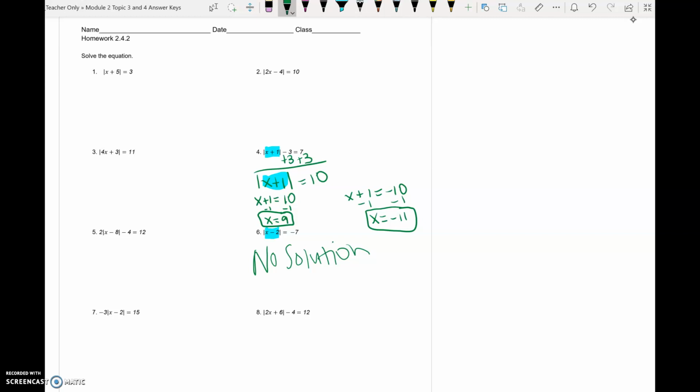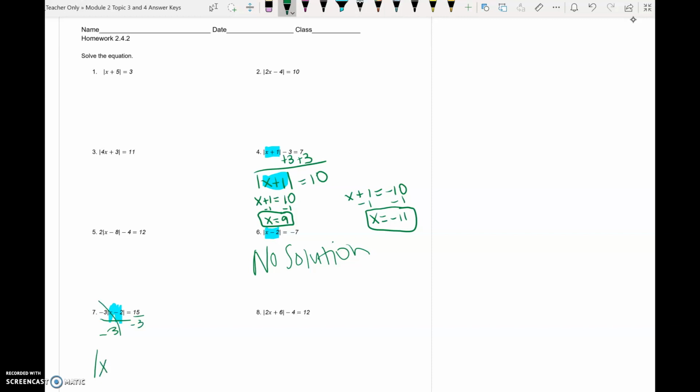Within that same idea, I want to look at number 7. I want this distance part by itself, so I need to get rid of the negative 3. I can't distribute it, because it's distance. It's not parentheses like multiplication. I'm going to divide each side by negative 3.